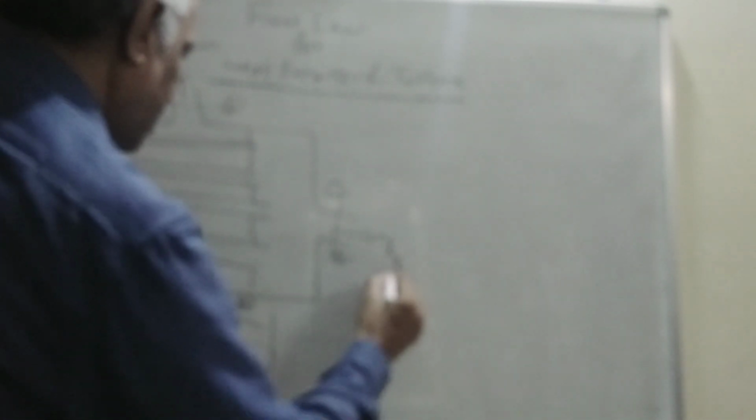So here, Mc into enthalpy at inlet 1, plus Ms into enthalpy at 2, will be equal to Mc into enthalpy at 3, plus Ms into enthalpy at 4.